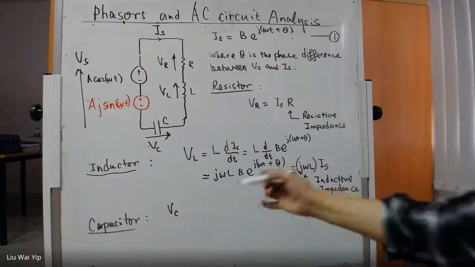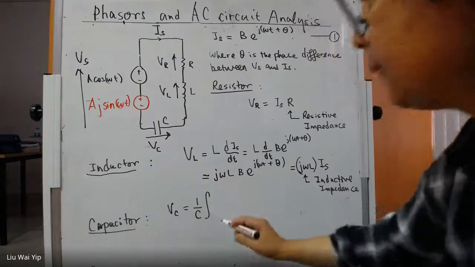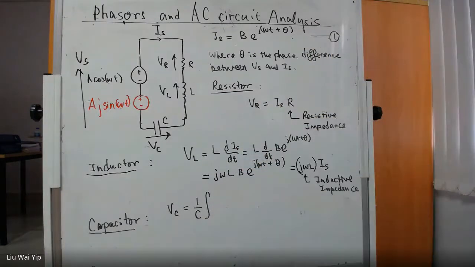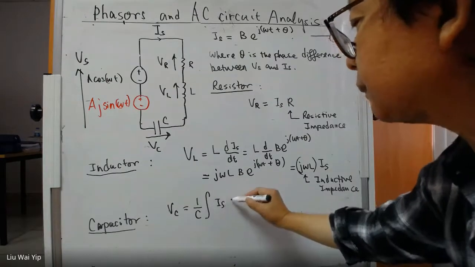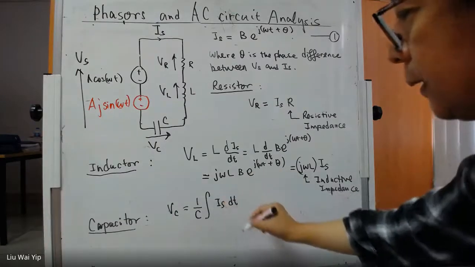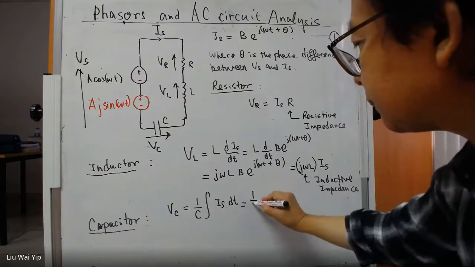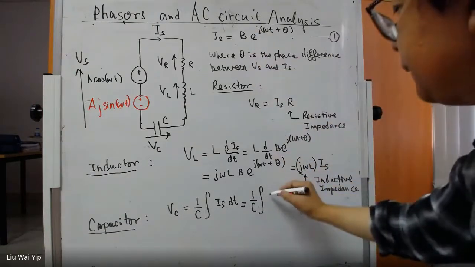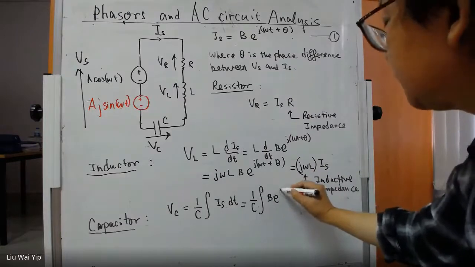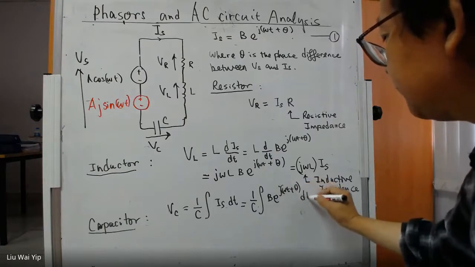What is it? The voltage is going to be 1 over C times the integral of Is dt. If we substitute Is into this equation, we get the integral of B e to the power j(omega t plus theta) dt.